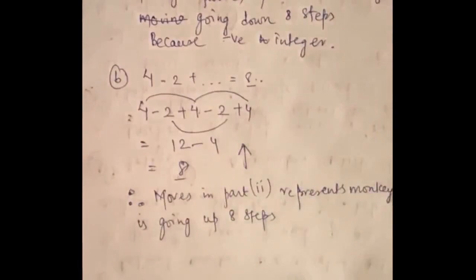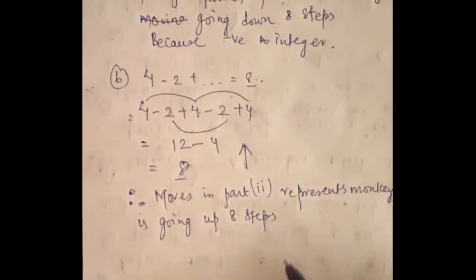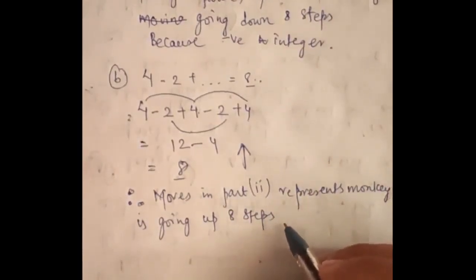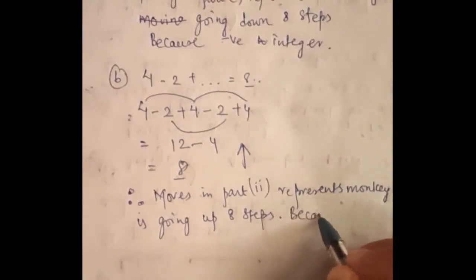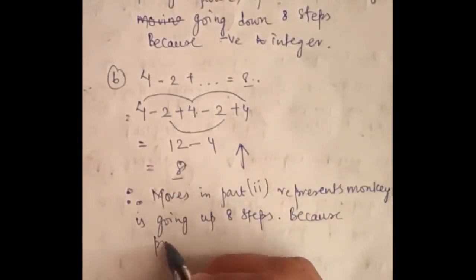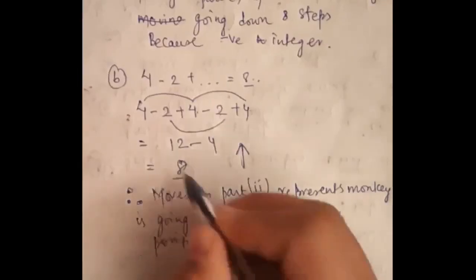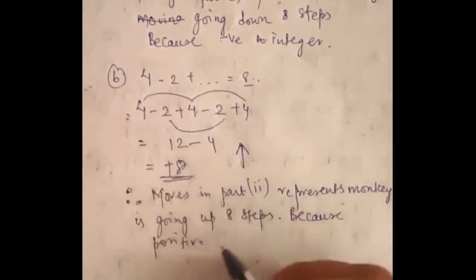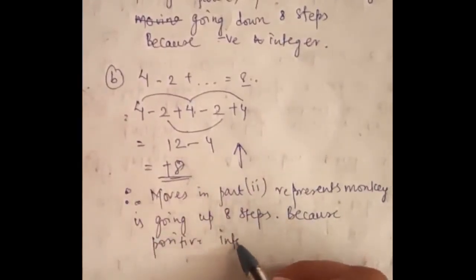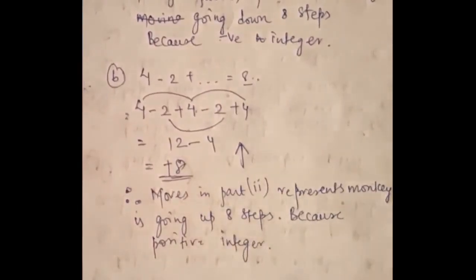Yes, the monkey is moving 8 steps according to the question, because there is a positive integer here. Okay, I hope you are clear with this question. This is a very easy one, but quite tricky. You have to take the help of 1 and 2.